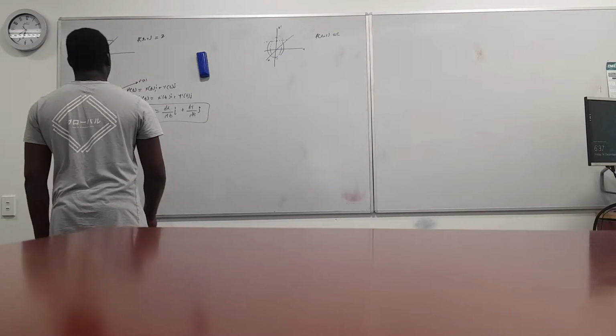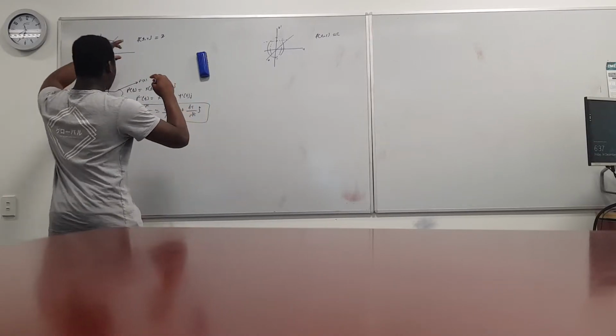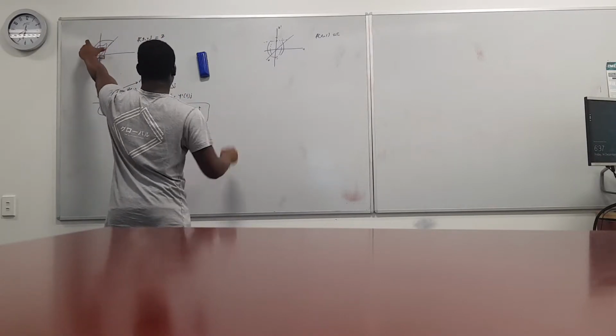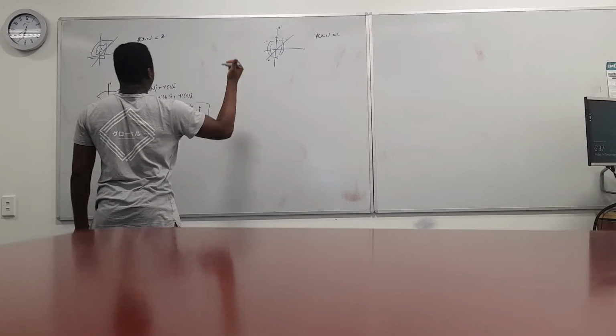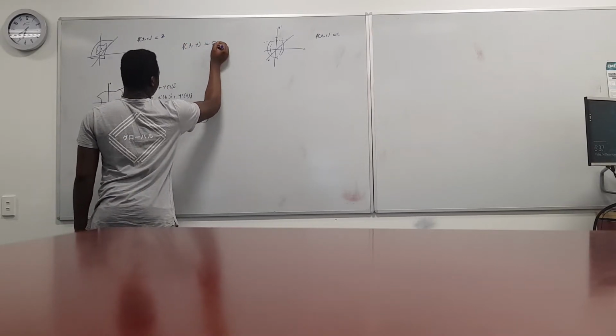Now, because this is restricted as a level curve, this is the original function, but when it's restricted, when there's a level curve, it's f of x, y equal to some constant c.